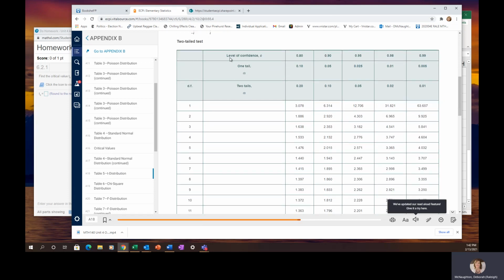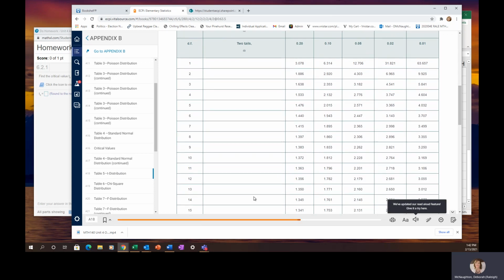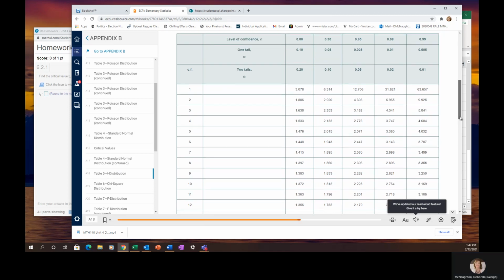So it gives us the level of confidence c and our degrees of freedom. So we're going to ignore the one tail and the two tail. So the level of confidence. If I wanted to do a 95% confidence interval and my n is 15, my degrees of freedom would be 14. So I would go down to where my degrees of freedom are 14. Here's the 95% confidence interval, the column in the middle.